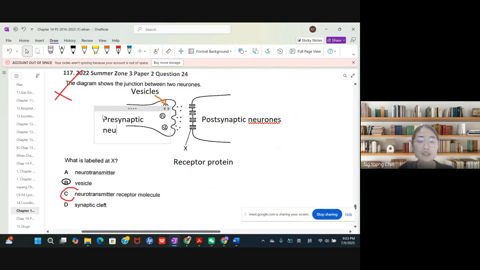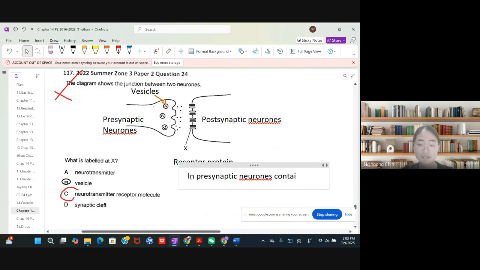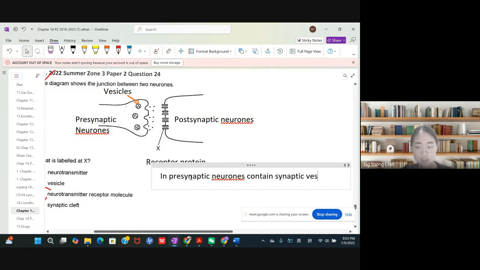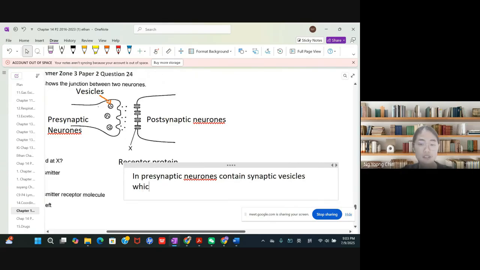There's one question they asked before: why can the nerve impulse only transmit in one direction? You can write it this way. It's because the presynaptic neuron contains the synaptic vesicle, which has the neurotransmitter.